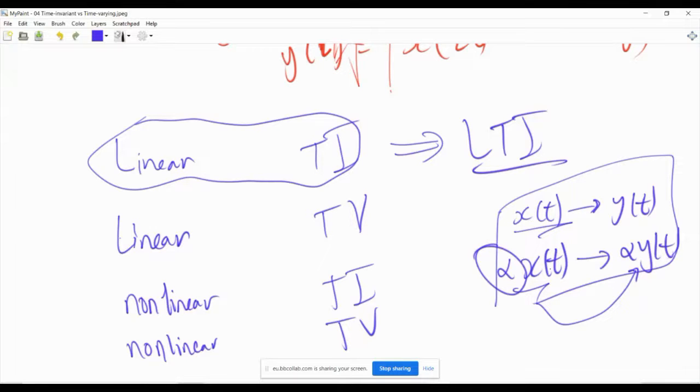For time invariance, it's sort of the same story. If you have an input, you give the input to the system. If you delay this input by 1 trillion years, for the system to be time invariant, it should delay the output by 1 trillion years, but actual systems age. Actual systems will not last that long.